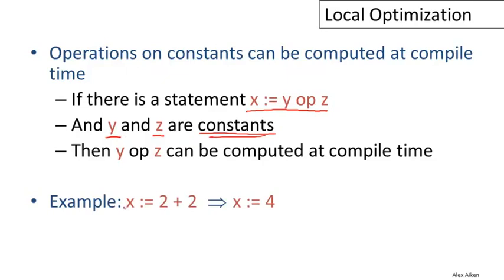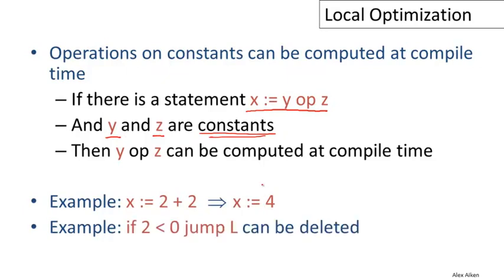So for example, if we have the instruction x equals 2 plus 2, that can be replaced by the assignment x equals 4. Another example, which is a very common and important one, is if the predicate of a conditional consists only of immediate values, then we can pre-compute the result of that conditional and decide what the target of the conditional will be, what the next instruction will be, at compile time.